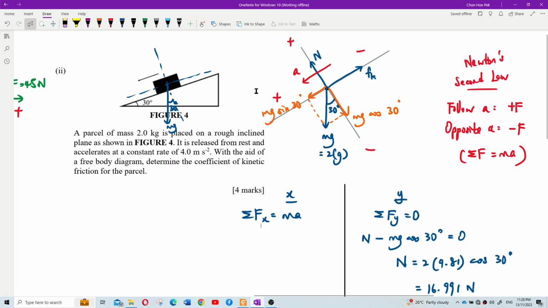In the x component, mg sin 30 is positive because it follows acceleration. Friction is negative because it is opposite acceleration. So I can put it this way: mg sin 30 minus friction equal to ma.